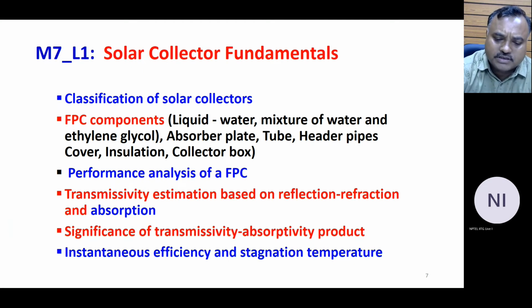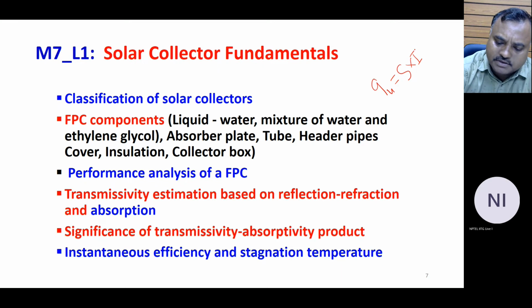So if we are interested to write, you have Qu, the useful heat gain, and then you have S, the amount of solar flux received by the absorber plate.